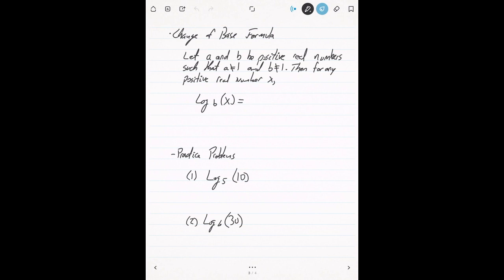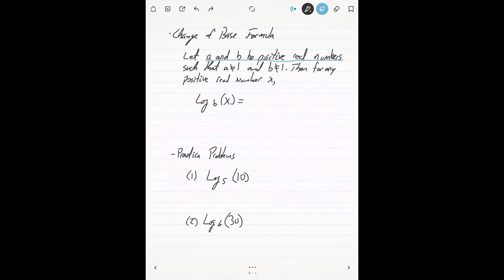The change of base formula is going to help us evaluate any type of logarithmic expression. We first have to say we're going to be working with terms a and b, and let them be positive real numbers. Don't have either of them be 1. That's important. A is not equal to 1 and b is not equal to 1.